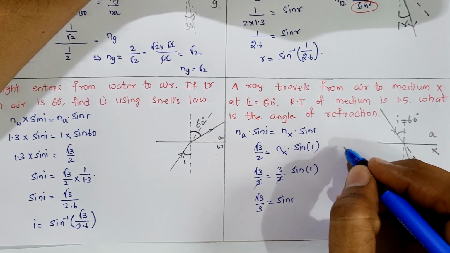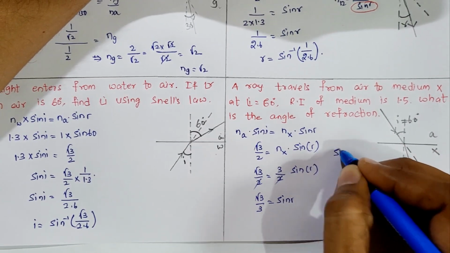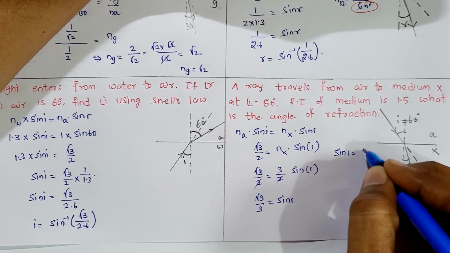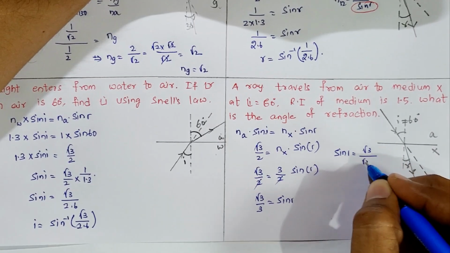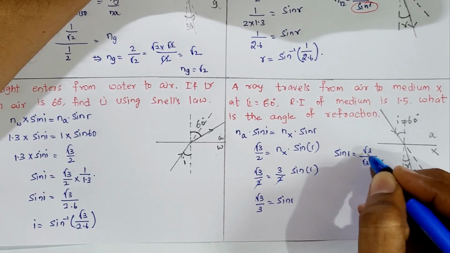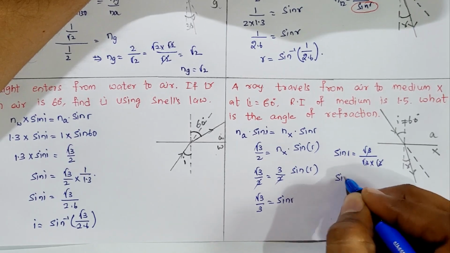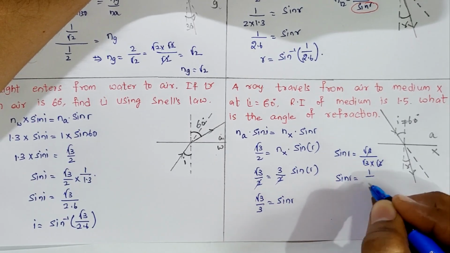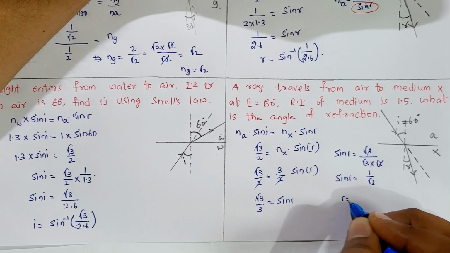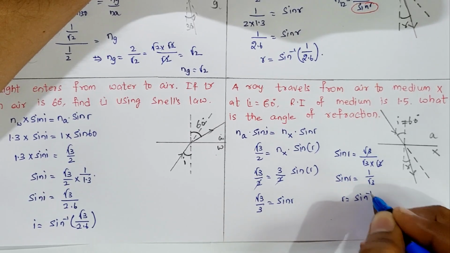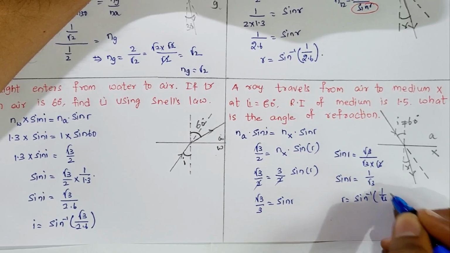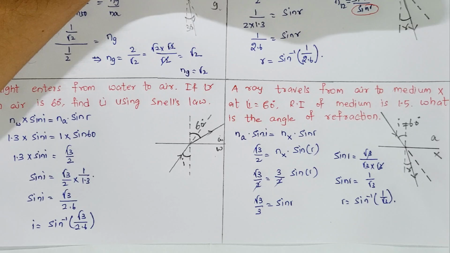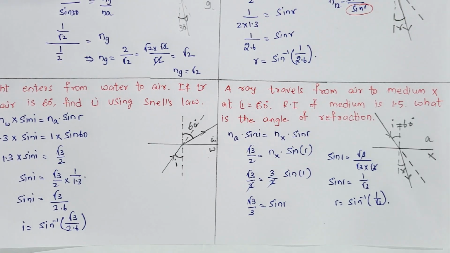So sin R is equal to root 3 divided by root 3 into root 3. Root 3 cancels. So sin R is equal to 1 divided by root 3 and R is equal to sin inverse of 1 by root 3. This one will be the answer.